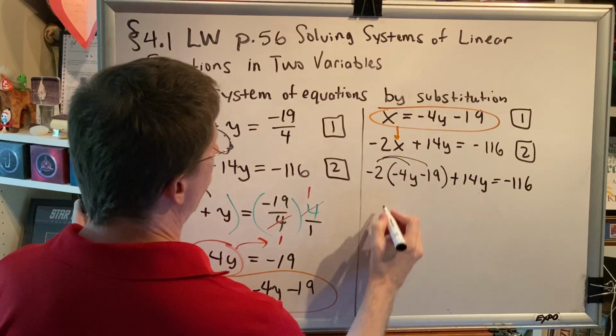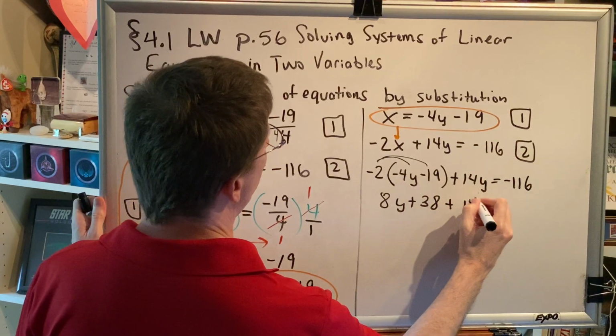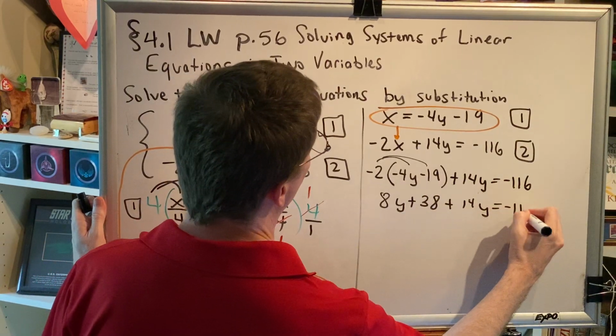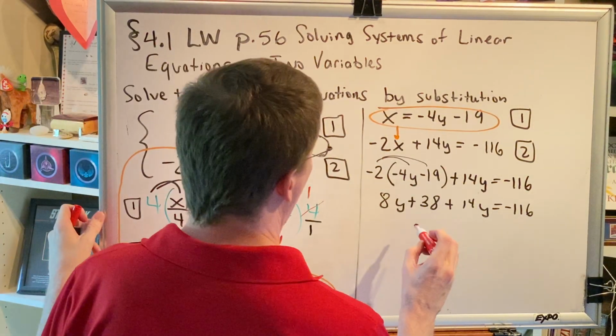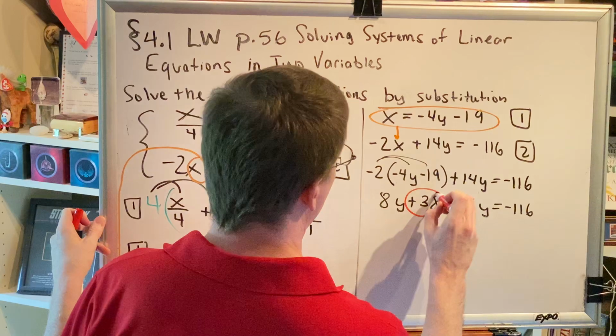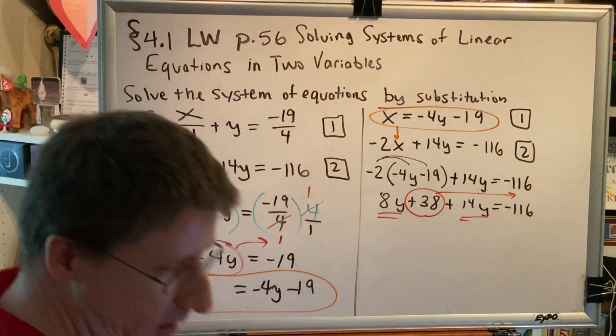We'll now use the distributive property. 8y plus 38 plus 14y equals negative 116. We're going to move this to the other side, and we're going to combine these like terms together.